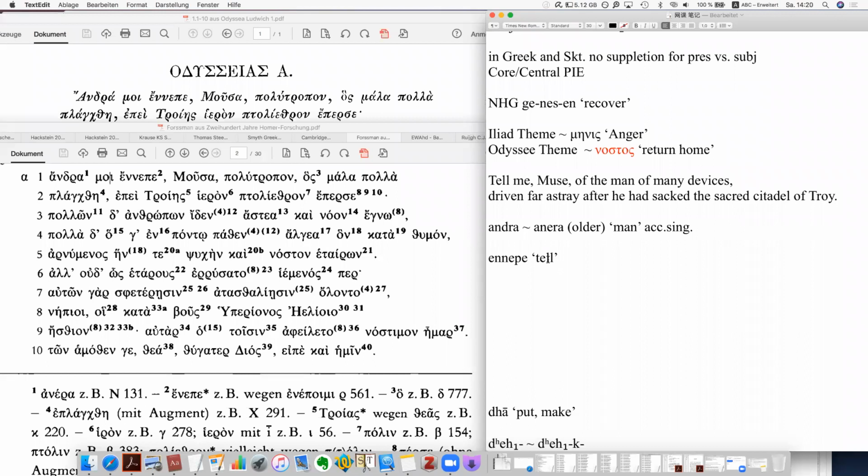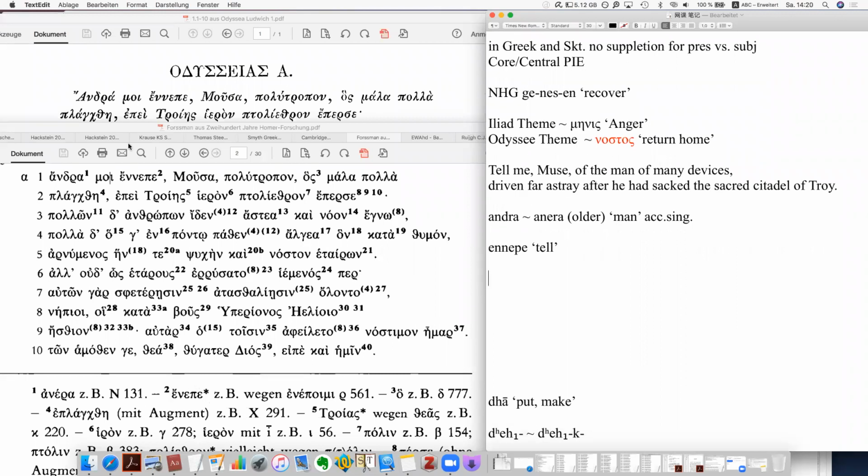Take a look. The words with a superscript, like a footnote, are the words we are going to analyze. This ennepe has another form attested in other places, like line 561.